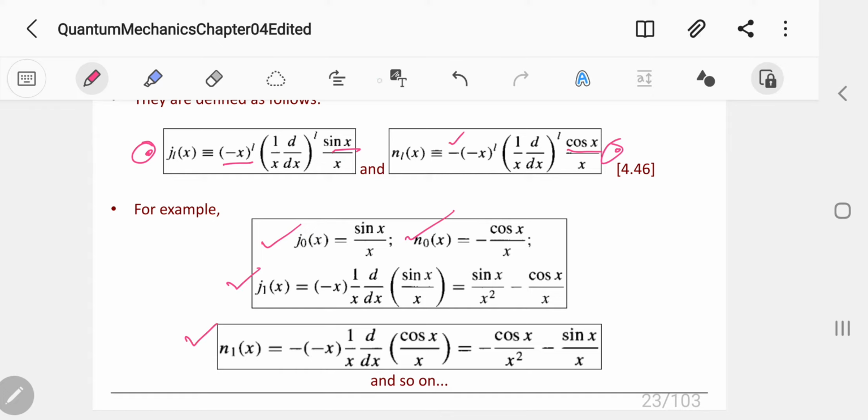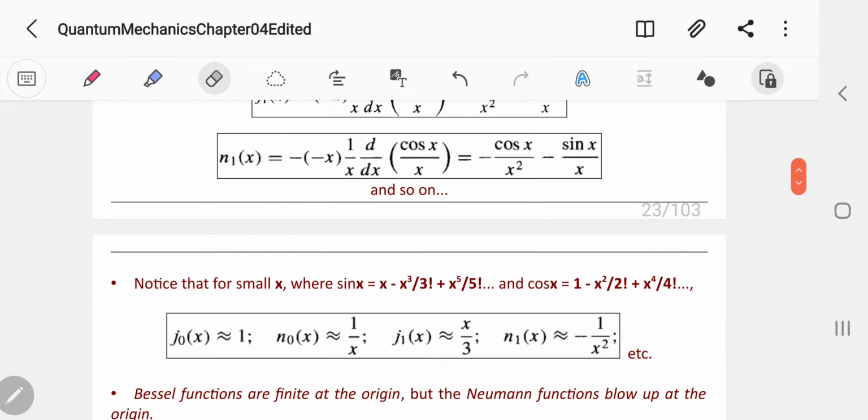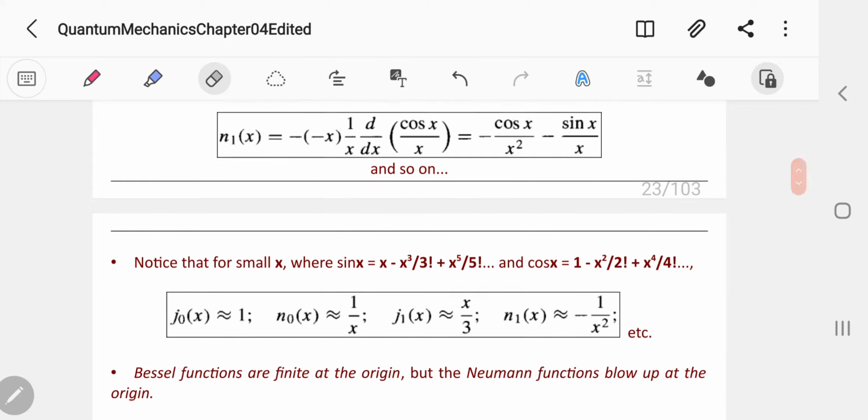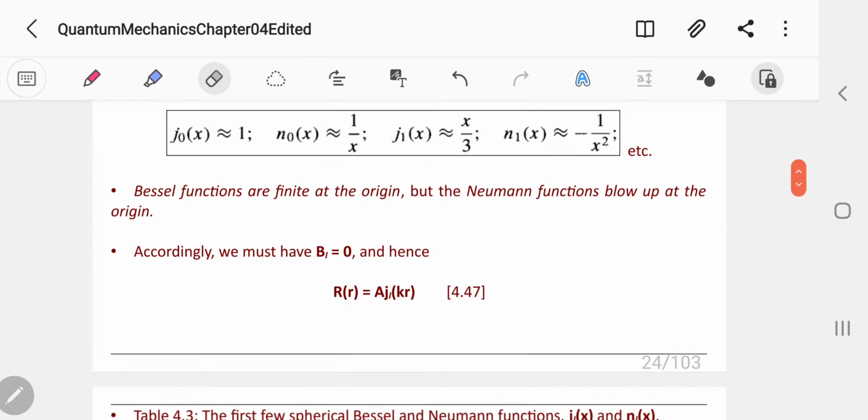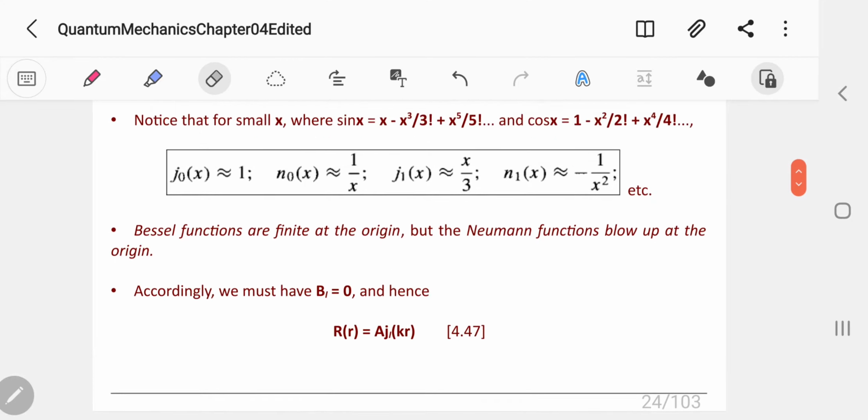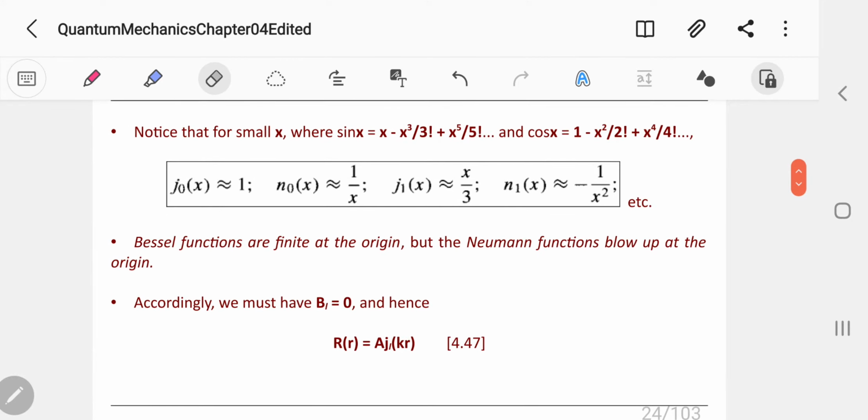So those are the solutions if L is not equal to 0. But if L is equal to 0, you just have the ordinary sine and cosine. For small x, the sine x would just be equal to this expression, and x cubed would be much smaller.